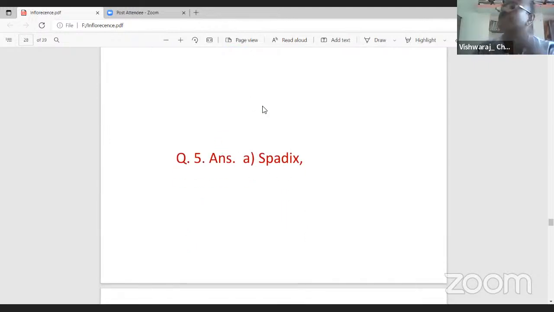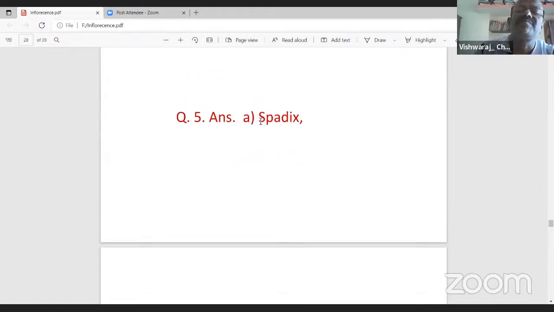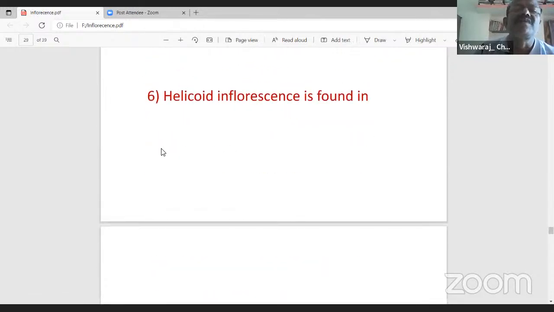Spadix. We have seen spadix, mixed spadix, compound spadix, with a large spathe. That is banana. Spadix type of inflorescence occurs in Musaceae, the family of banana. Banana is one member of the Musaceae family.